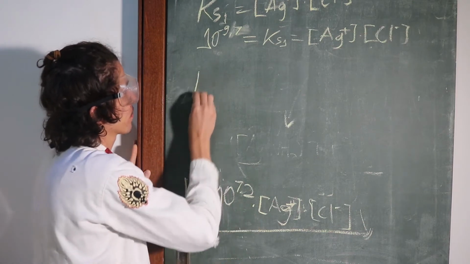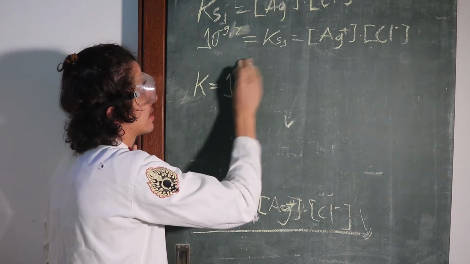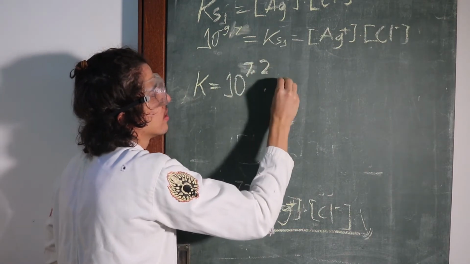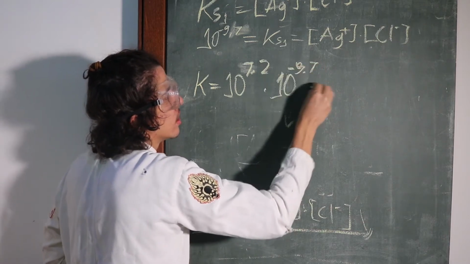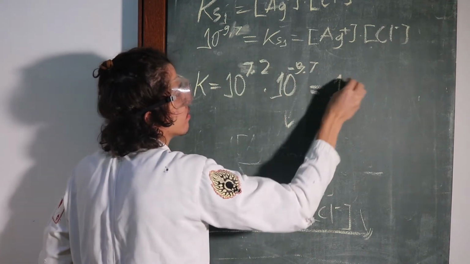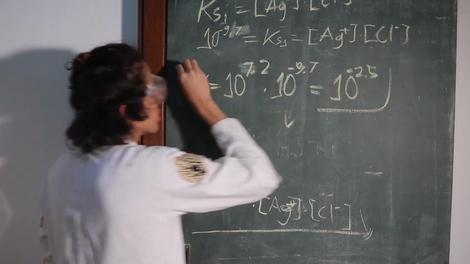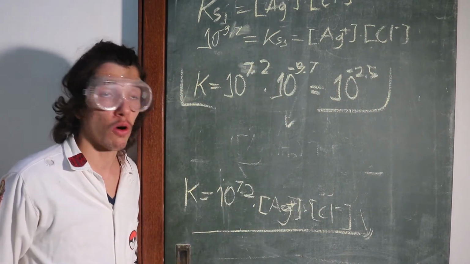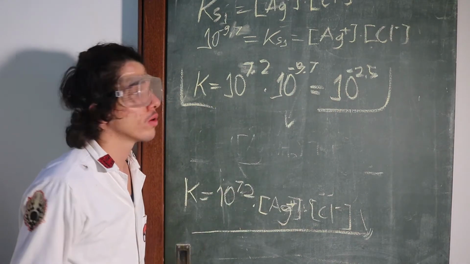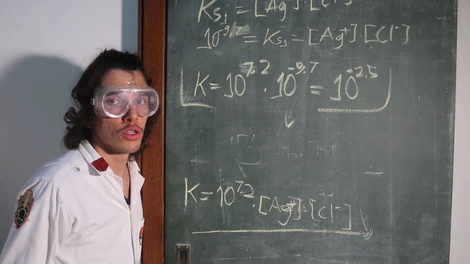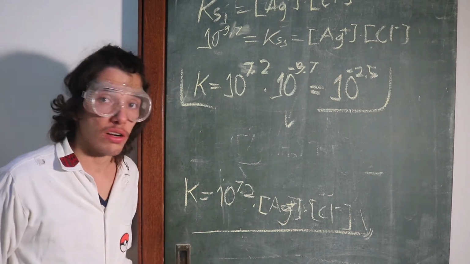In the end, our K is going to be 10 to the power of 7.2 times 10 to the power of minus 9.7, which is equal to 10 to the power of minus 2.5. So we have our equilibrium constant, K equals 10 to the power of minus 2.5. Okay, we solved the first part of the problem.